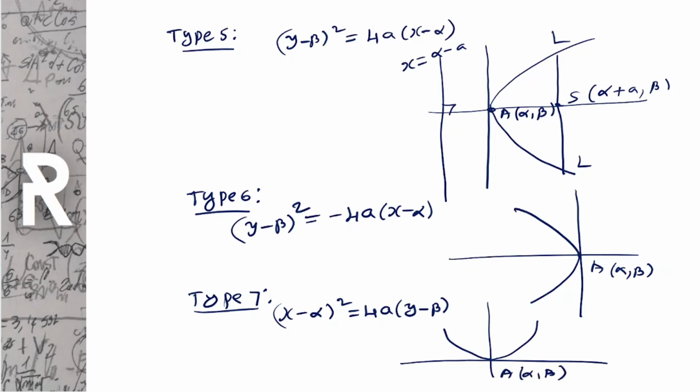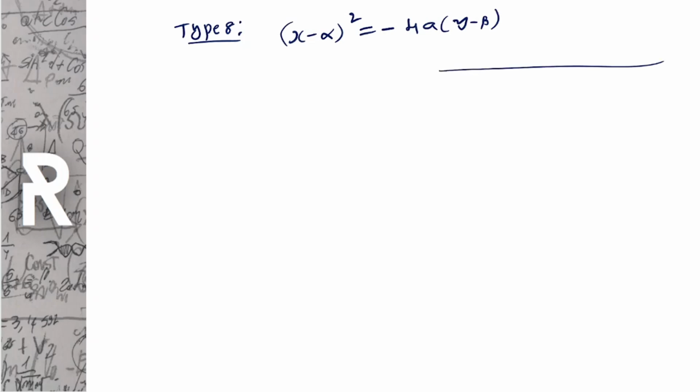For all x coordinates add alpha, y coordinates add beta. Type 8 is an extension of type 4: (x minus alpha) whole square equal to minus 4a into (y minus beta).